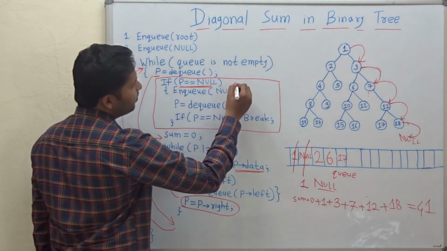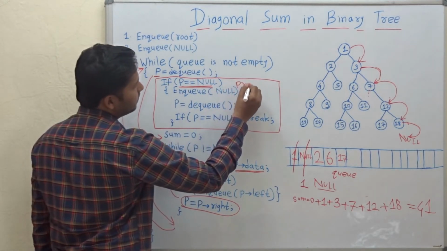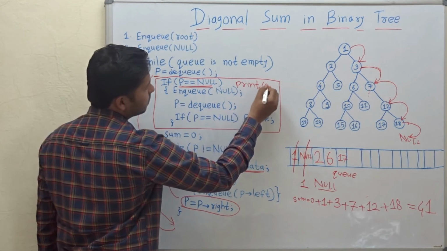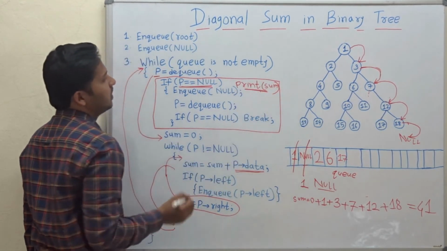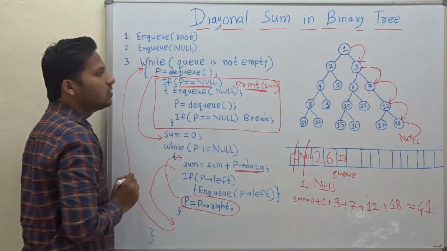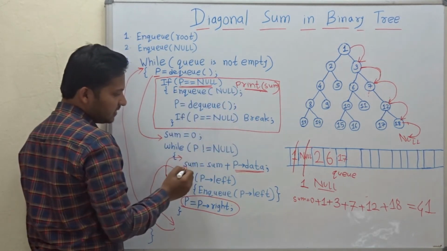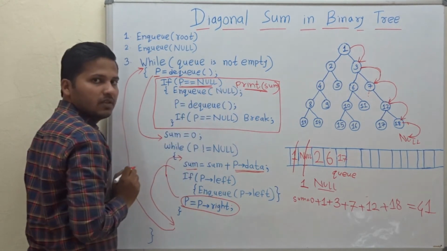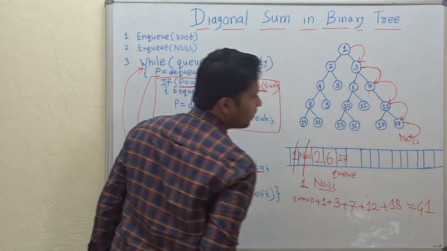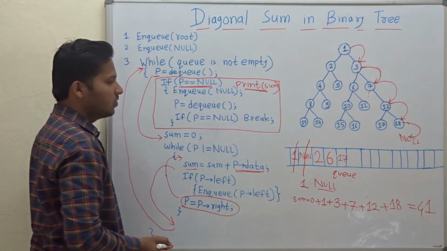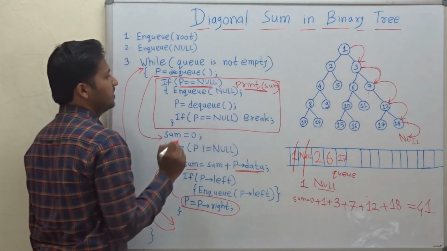So you can print the sum here. When P is equal to null, you just print this sum and you will get the sum equal to 41. So it will print 41 there.